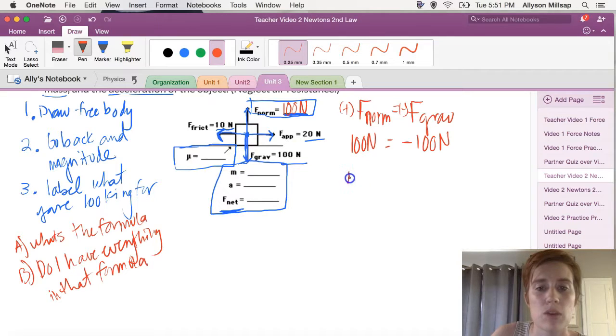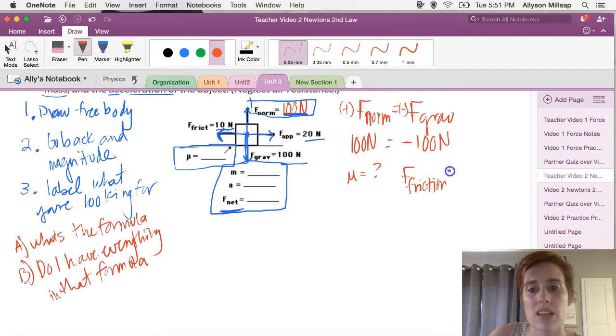Let's pick mu. We want to find mu. What's the formula for mu? Well, there's not really a formula just for mu, but there is a formula that has mu in it. Do you remember this formula? The force of friction is equal to mu times your normal force. So could you rearrange this to solve for the coefficient of friction?